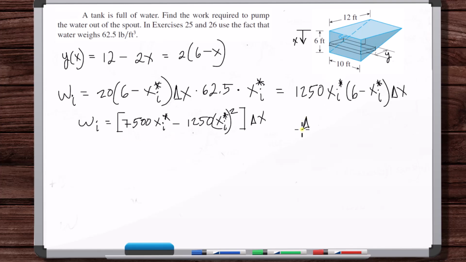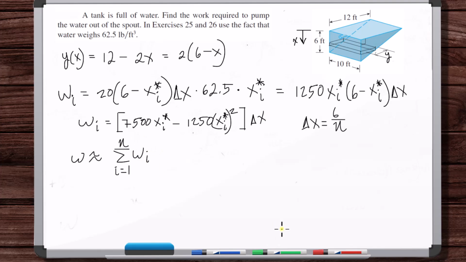And then delta x would be b minus a divided by n, so 6 divided by n. We choose the number of rectangular prisms we want to use. That's what n is. Okay, and so the work done is approximately equal to the sum from i equal to 1 to n of this Wi.